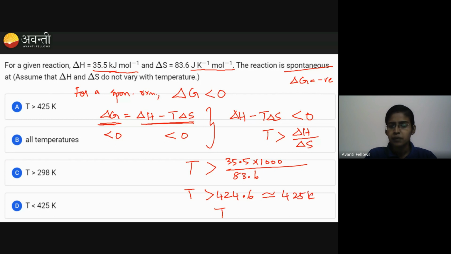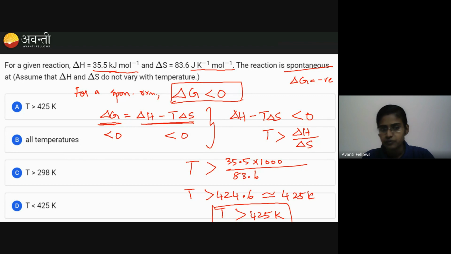So the temperature should be greater than 425 Kelvin; then only is the reaction spontaneous. Using the spontaneous condition, we arrive at T greater than 425 Kelvin. So option A. Clear?